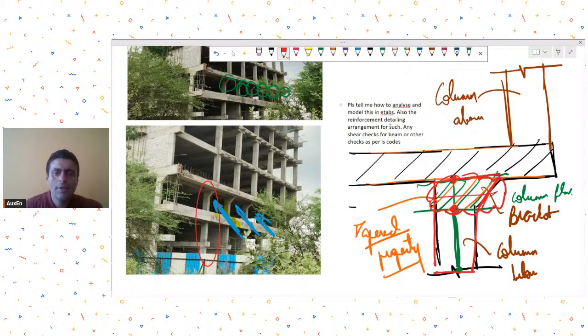Detailing, it's just like a simple bracket. So in this bracket, you need to first see what sort of shears and what sort of flexural moments you are getting. And detailing can be as you do for your normal brackets. So this reinforcement over here can go straight like this, because it has to get curtailed.